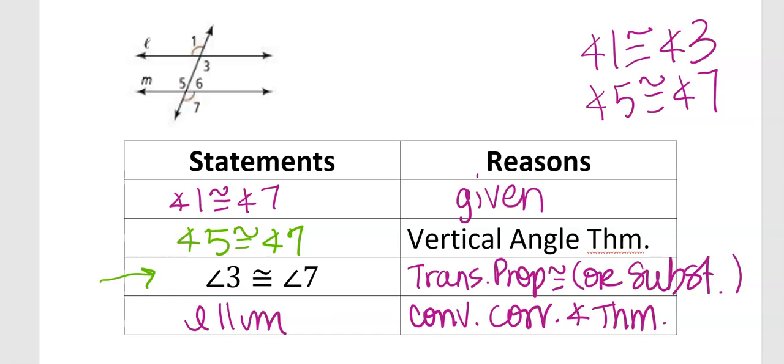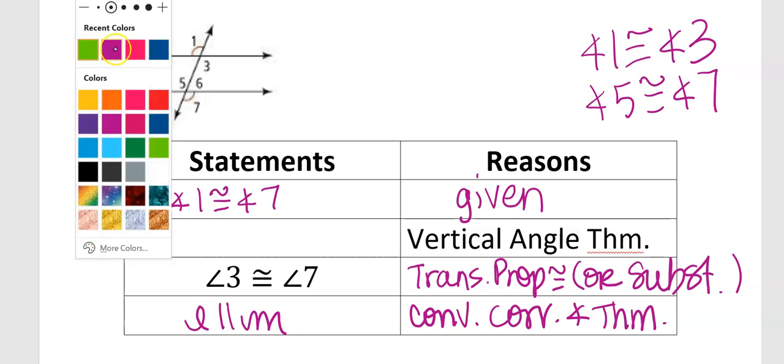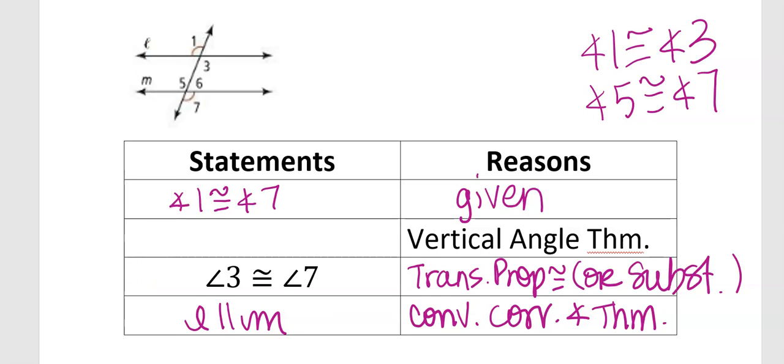If 1 and 7 are the same and 5 and 7 are the same, wouldn't that have to say 1 is congruent to 5? That's what I'm trying to show you. So even though 1 and 3 are vertical and 5 and 7 are vertical, they don't both work. Okay, so I'm going to go back and change it back to what it was. 1 and 3.